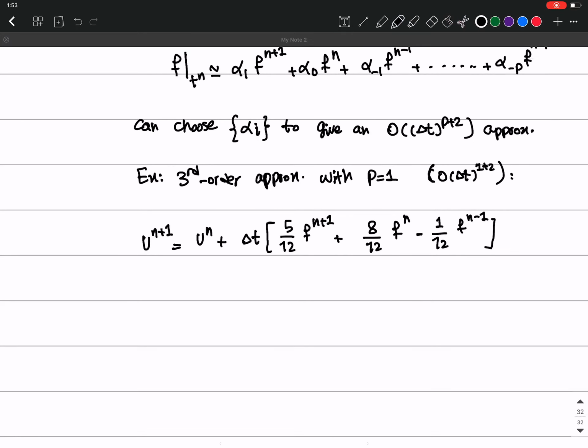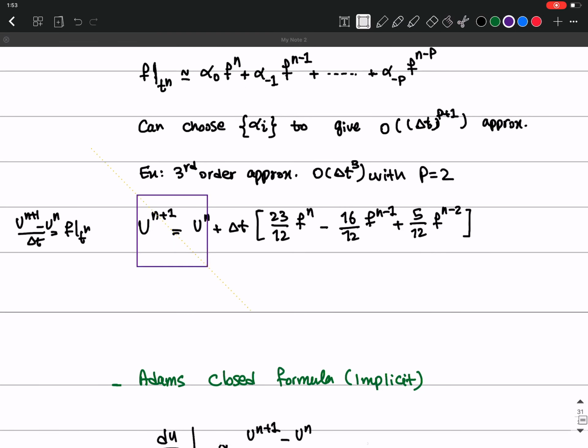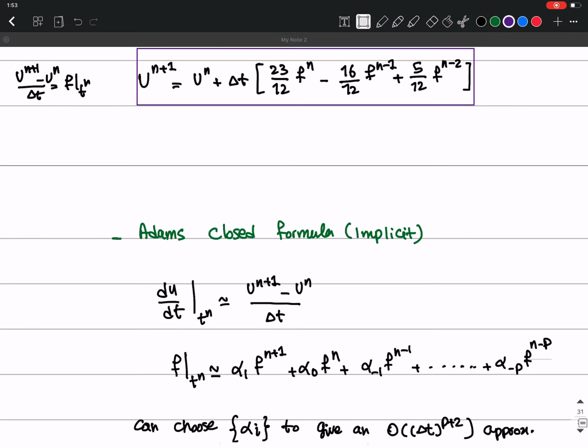The same thing for the other one. So that is one point. And the other point is, as you see, both of them are third order approximations, okay? And one is explicit and one is implicit.